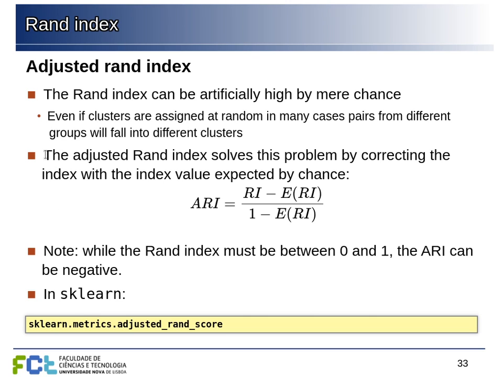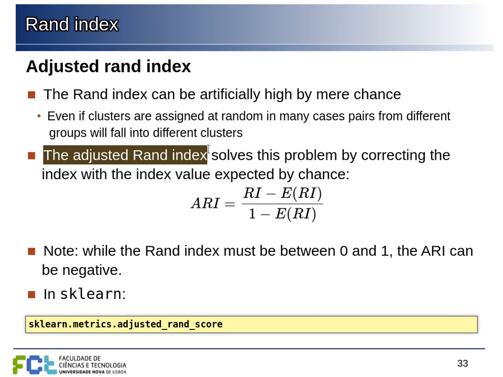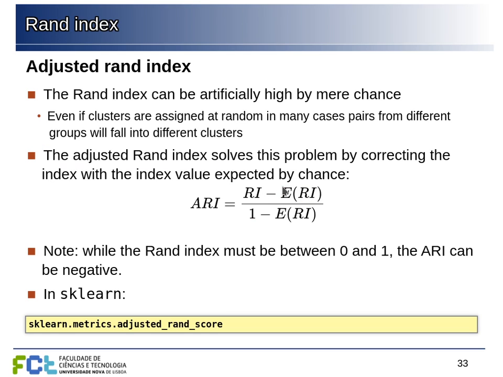So we can compute an adjusted RAND index that solves this problem by subtracting what we would expect the RAND index to be if we were to cluster our examples at random. So this is a correction for this tendency to overestimate the accuracy of the clustering.